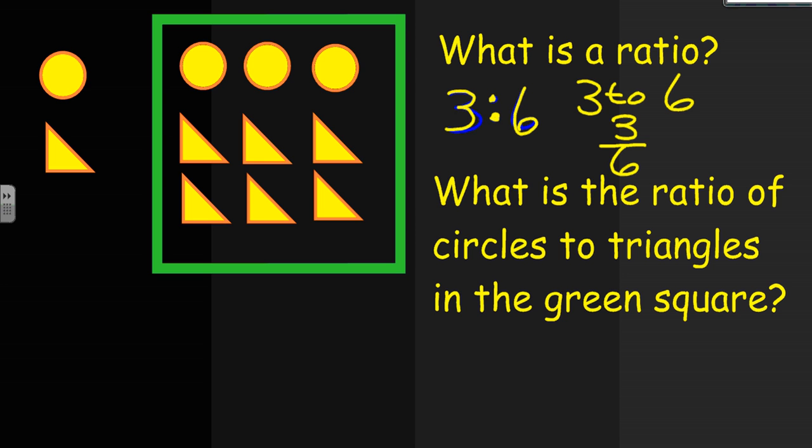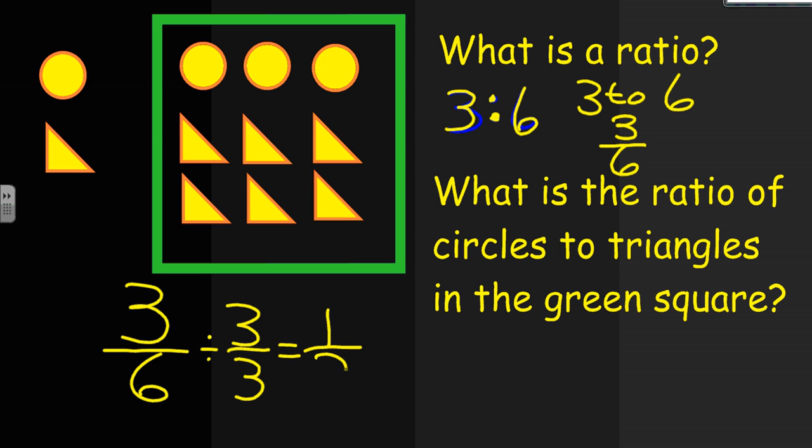Now, many of you are probably realizing already that 3 to 6 as a fraction can be simplified. Divide the numerator and the denominator by 3, and it can be simplified into 1/2.